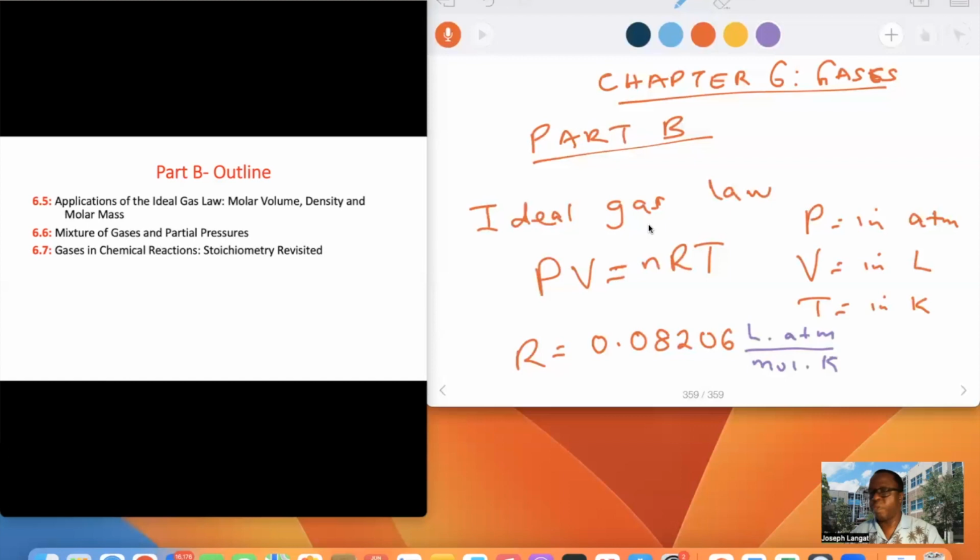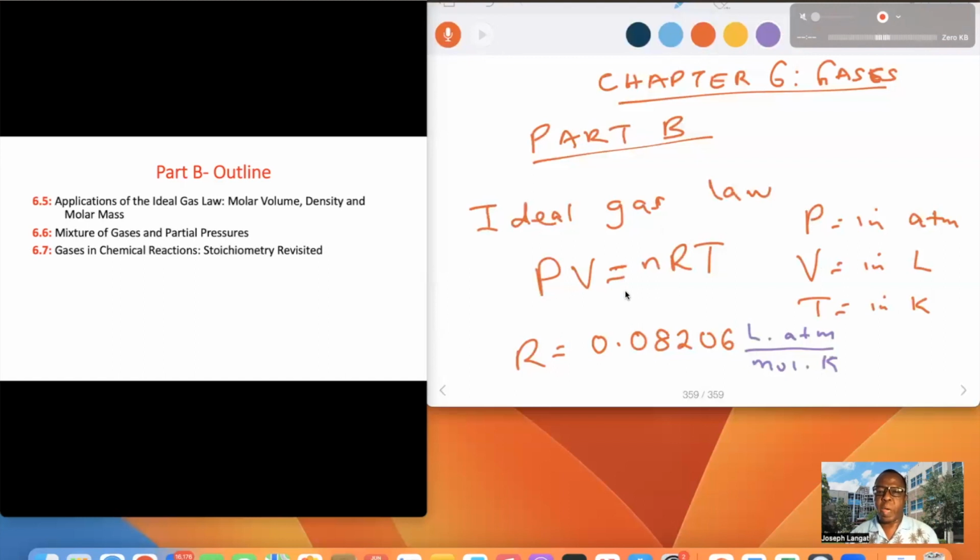That's why you need to change the pressure to atmospheres, the volume to liters, and the temperature to Kelvin, because of the units of R.